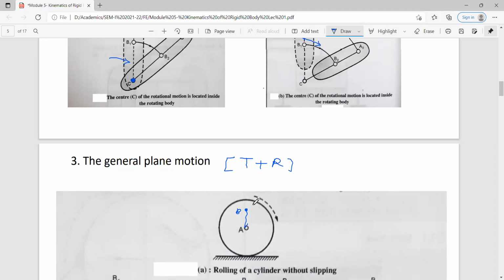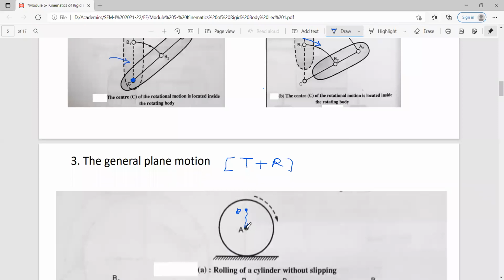So what will happen when this cylinder rolls? This line will definitely change its orientation. It will become inclined. Sometimes it will become horizontal. And as well, the points are getting translated to a different position.